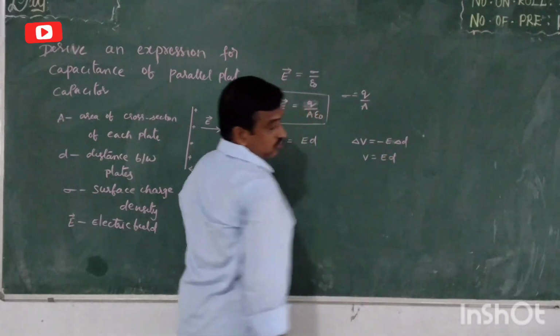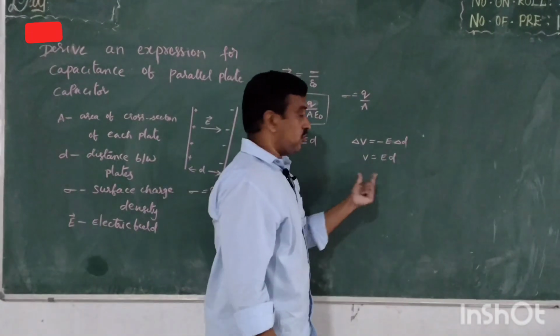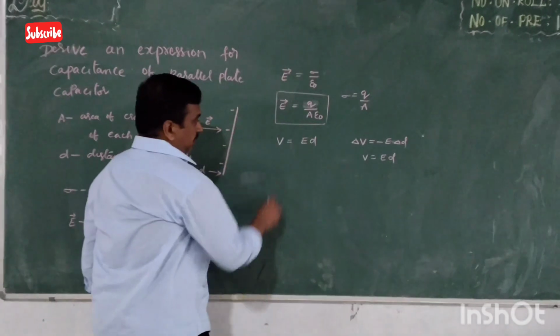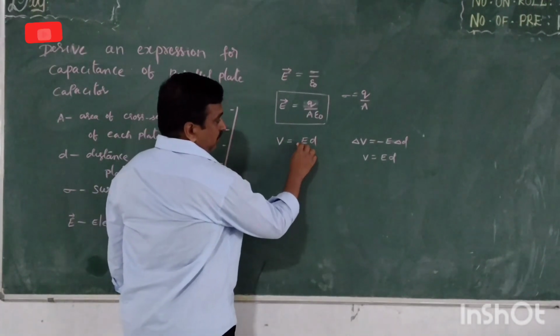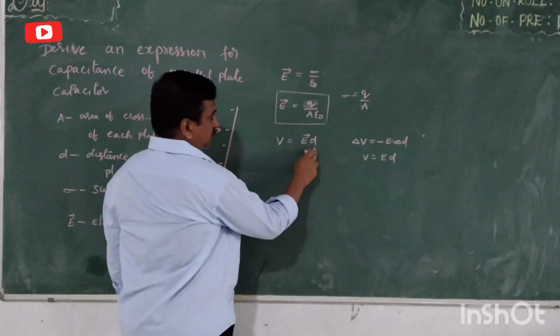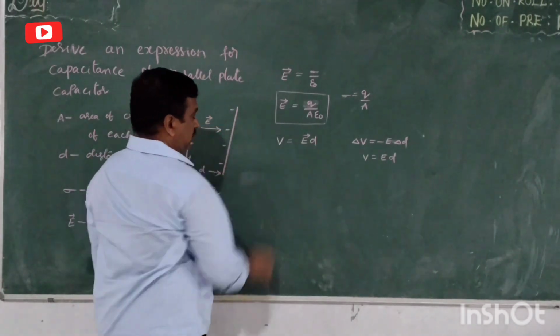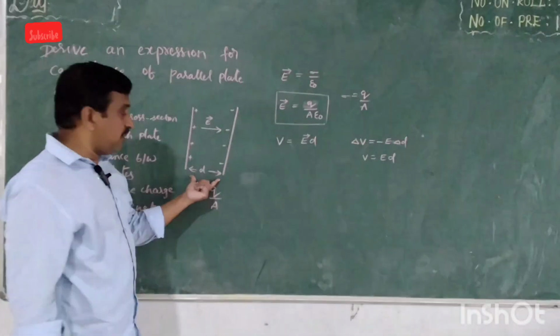We can remove the minus sign and take the magnitude, so V equal to ED. E means electric field, D means distance between the plates, V means potential difference between the plates.